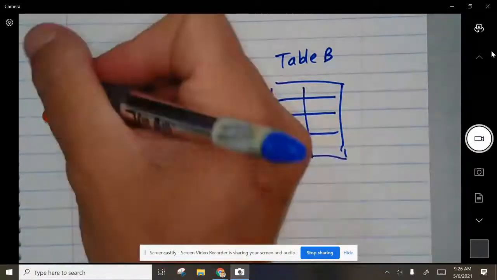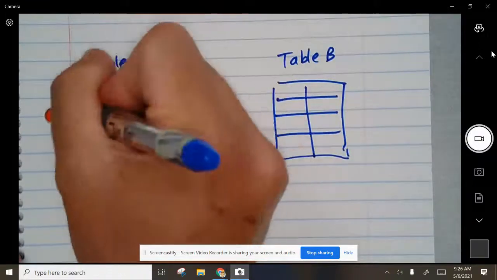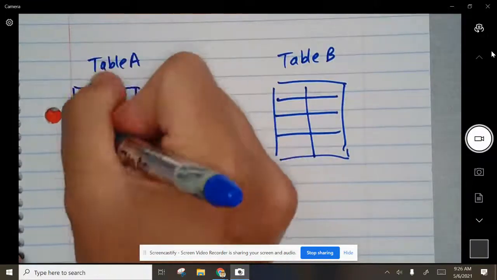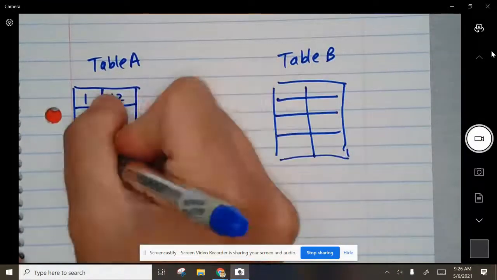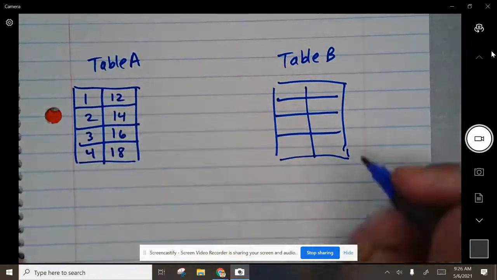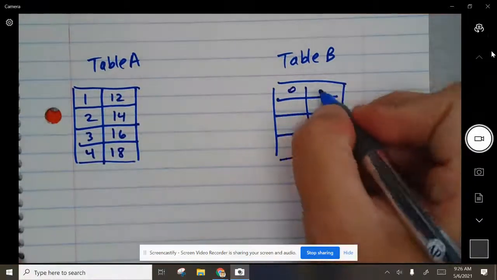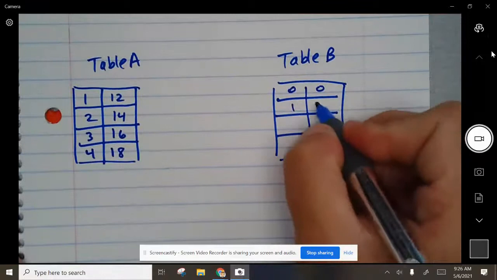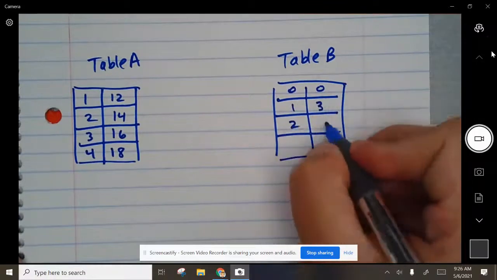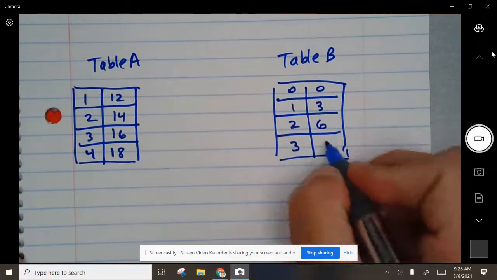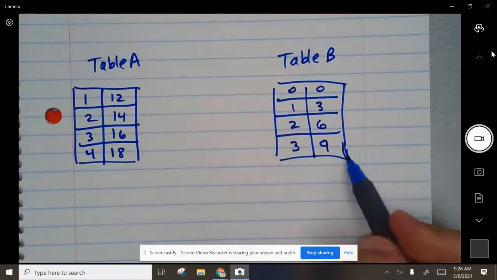For this one, put 1, 12, 2, 14, 3, 16, 4, 18. And for this one, 0, 0, 1, 3, 2, 6, 3, 9.